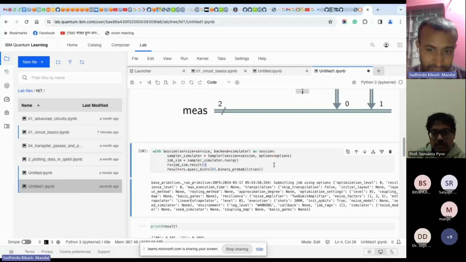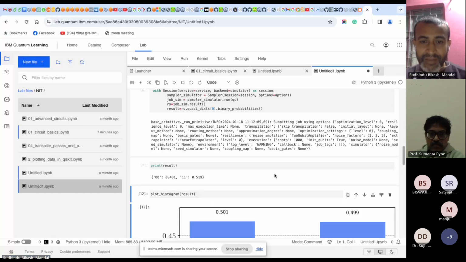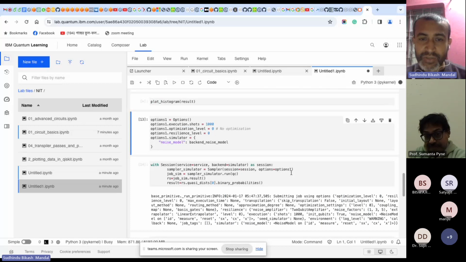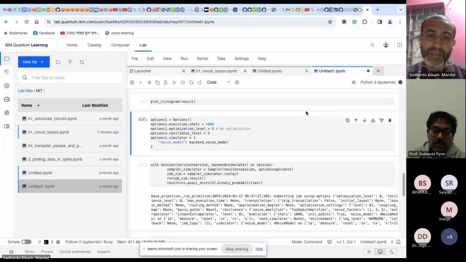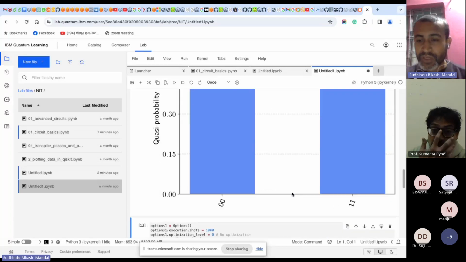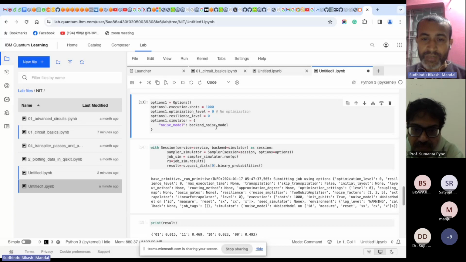So it is an ideal simulation environment I'm creating, and you will get the result of this circuit and plot this histogram. It's the ideal simulation histogram plot. In the second, I am creating another options where I am using a device backend as the backend noise model. And there you see the ideal simulation of 00 and 11 is coming, but here I am taking a noise model from the Cairo backend.